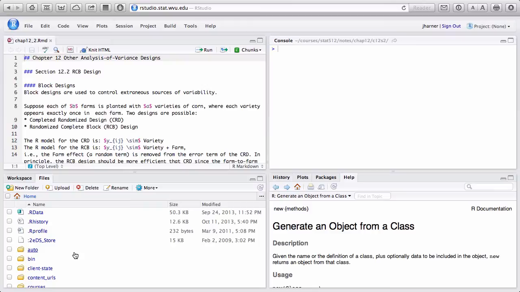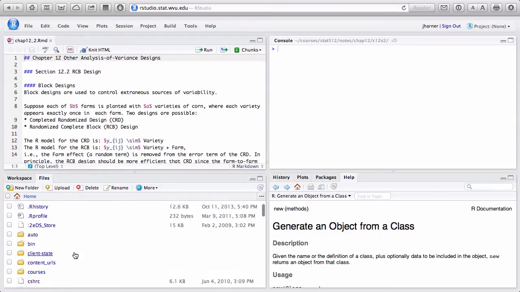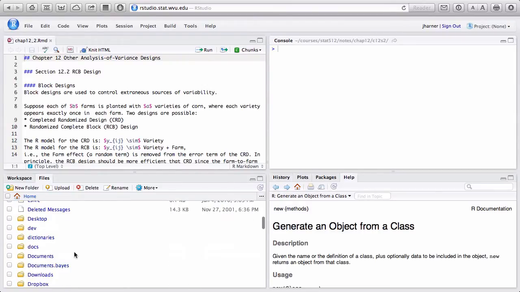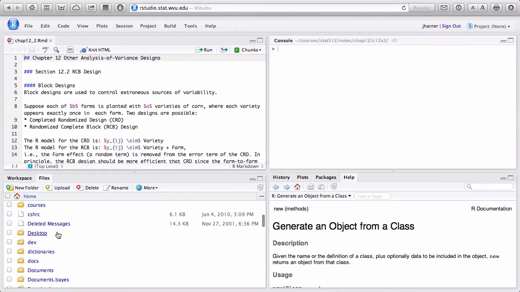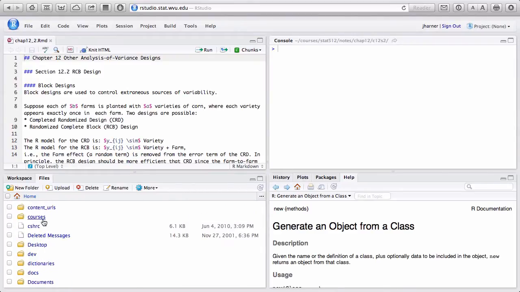Okay, we're going to be looking at the block design in section 2 of chapter 12 to start with. We did a little bit of that last time, but I want to go over it again.